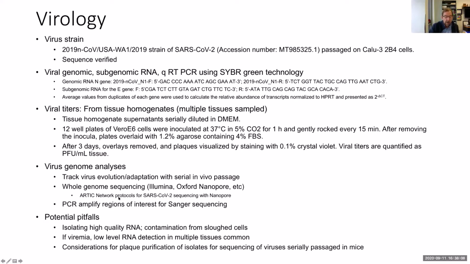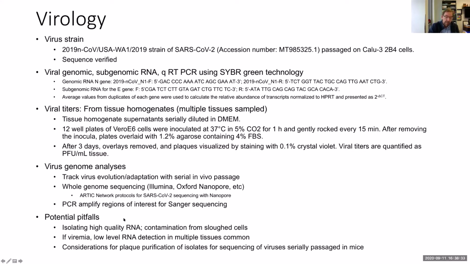It's a very handy way to do whole genome sequencing of the virus. And of course, you can also do PCR to amplify across regions of interest using Sanger sequencing or what have you. And we've done that to look for deletion of the furin cleavage site based on passage in tissue culture, for example.